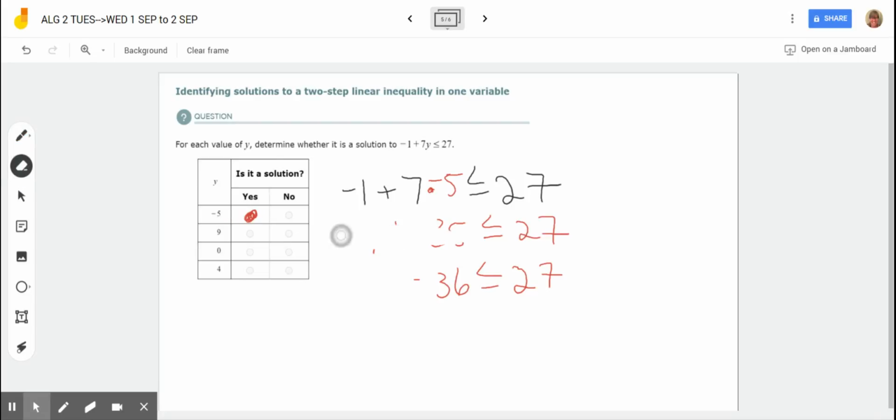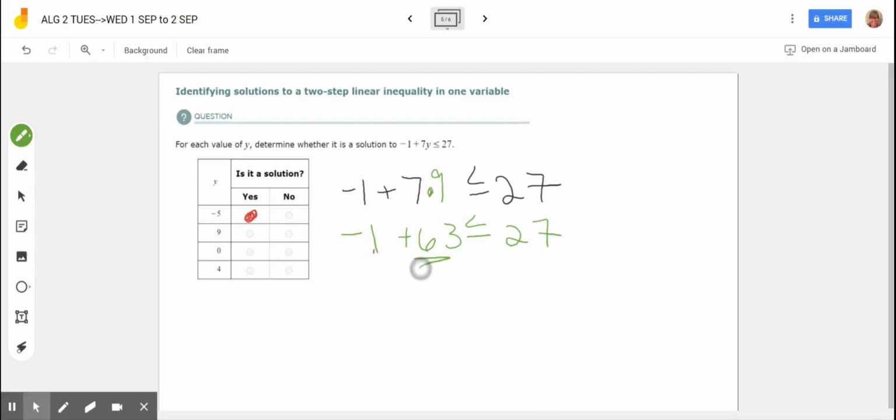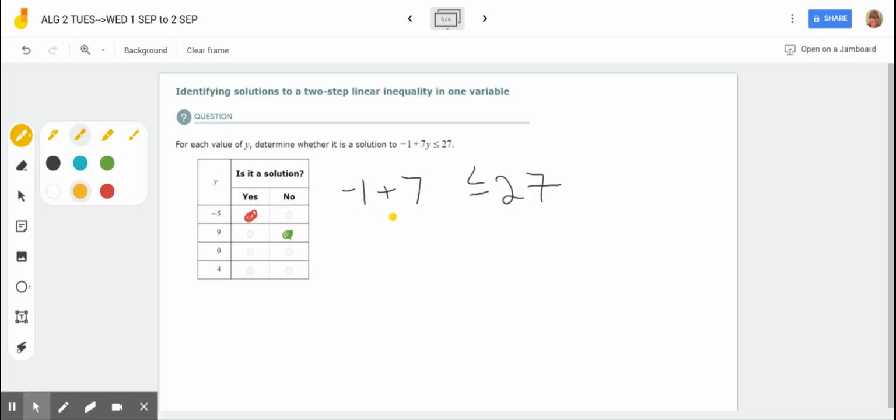Okay, then you could just erase it again. On your papers, I would assume you would have all these problems, but I wanted to show you how fun it is just to erase it on a whiteboard if you have one. Times 9: -1 plus 63. Is that less than or equal to 27? You can already see that 63 is way bigger than 27. That's going to be 62. The answer is no. Next, plug in the next value. The next value is 0.